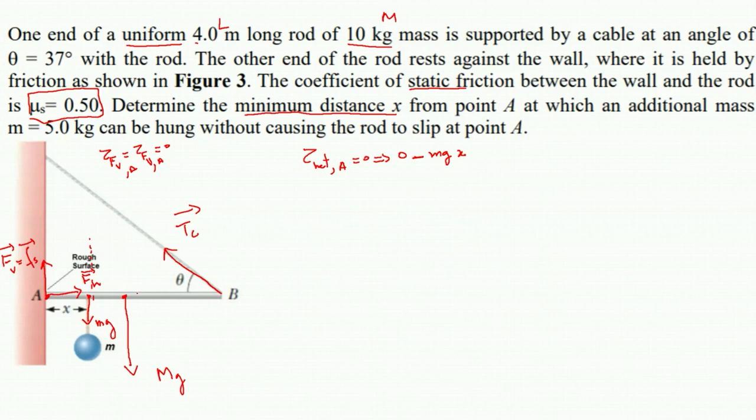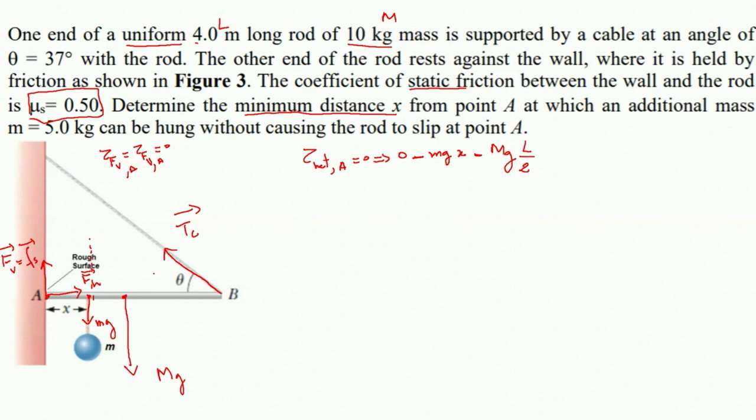Now, what is the torque of the weight of the rod? It will be negative as well. It will be magnitude mg multiplied by the moment arm, and the moment arm is L over 2, right? Good.